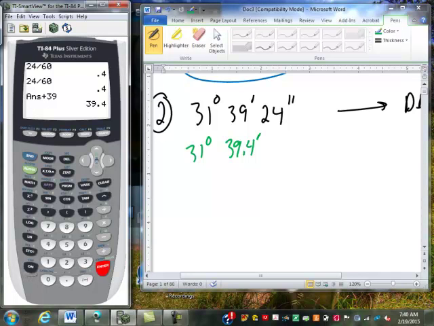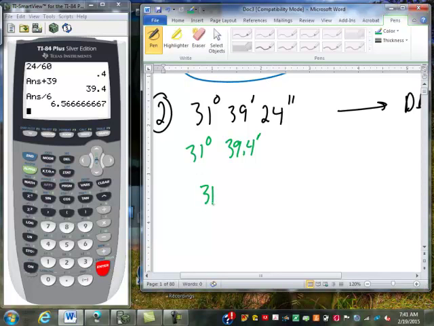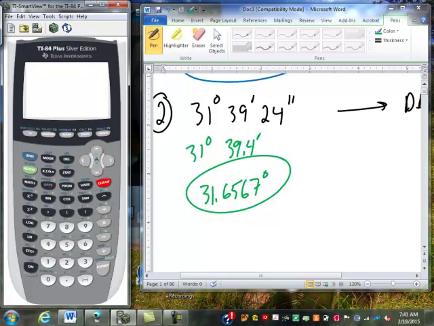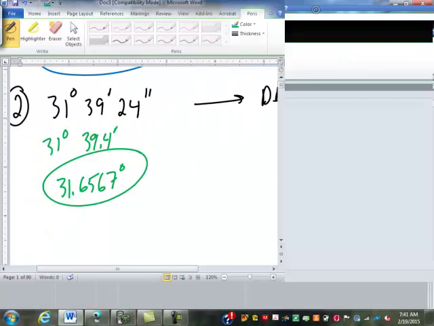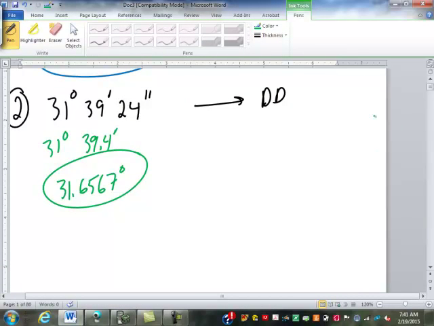Now I'm going to convert those minutes into degrees by dividing by 60 again. That gives me 0.65666. So this is 31.6567 degrees. How many got both of those right? Cool. Well, then let's take the next step.